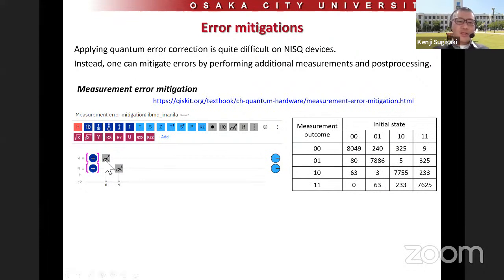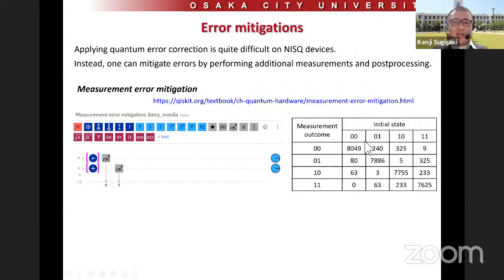So let's think about just this kind of circuit. This X gate is introduced as a state preparation, and we just generate the quantum state and measure it. If we remove these two X gates, it corresponds to starting from the 0 state and just measuring the quantum state.